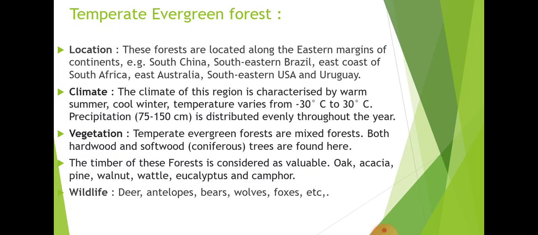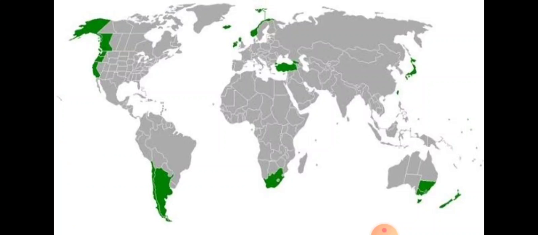There are many animals or wildlife like deer, antelope, bears, wolves, foxes, etc. These all are found in the temperate evergreen forest. Because of the climatic condition and the vegetation found over there, the wildlife also exists on the basis of that temperature, climatic condition as well as the vegetation.